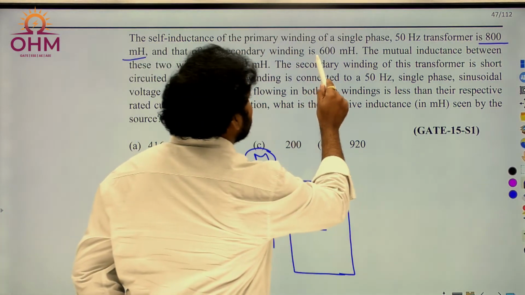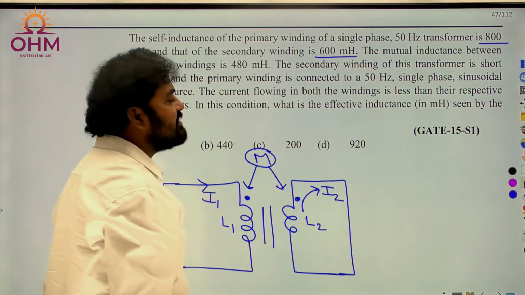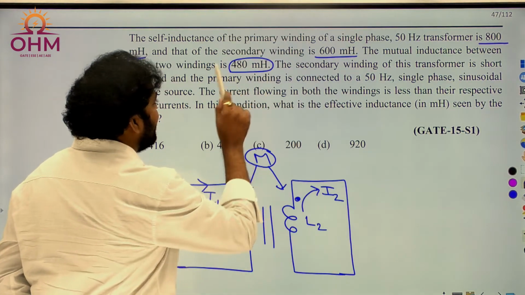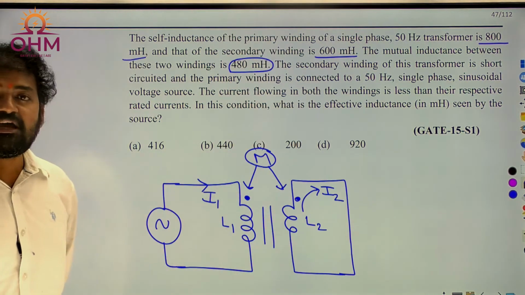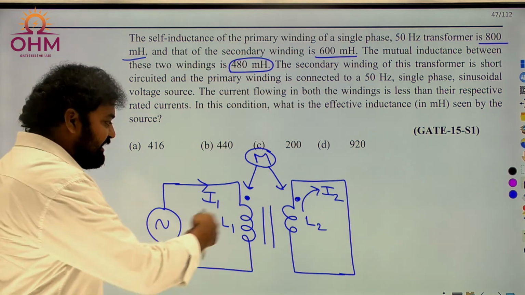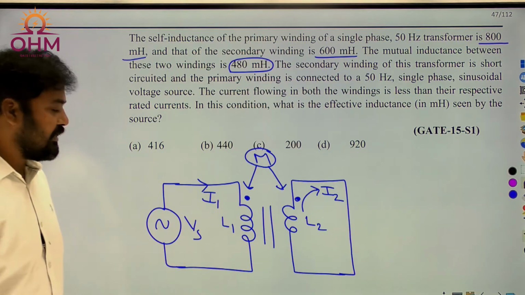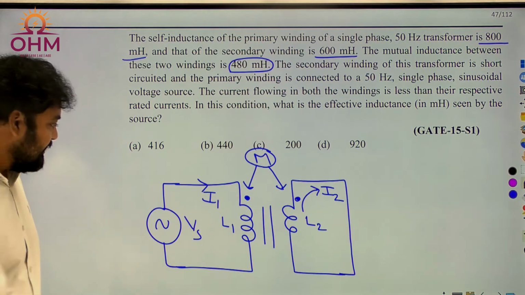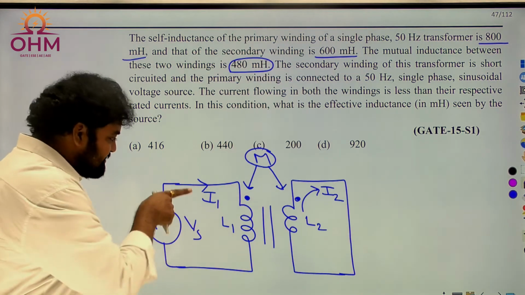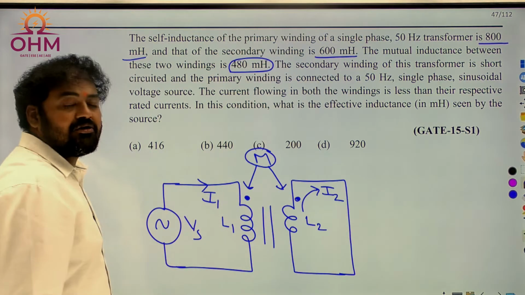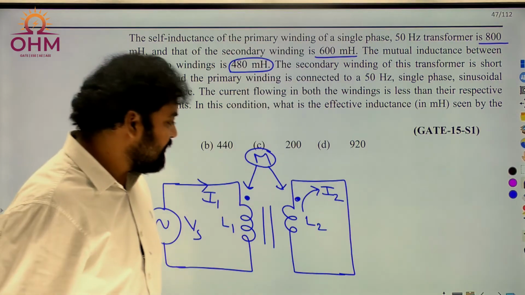The secondary winding has a self-inductance of 600 millihenries, that is L2. And the mutual inductance between the two, the M value, is 480 millihenries. But I want to know the effective inductance seen by the source. This is the supply source. Therefore, write KVL equations here. See, primary side current entering the dot, secondary side current is leaving the dot. Therefore, it is a negative magnetic coupling circuit.